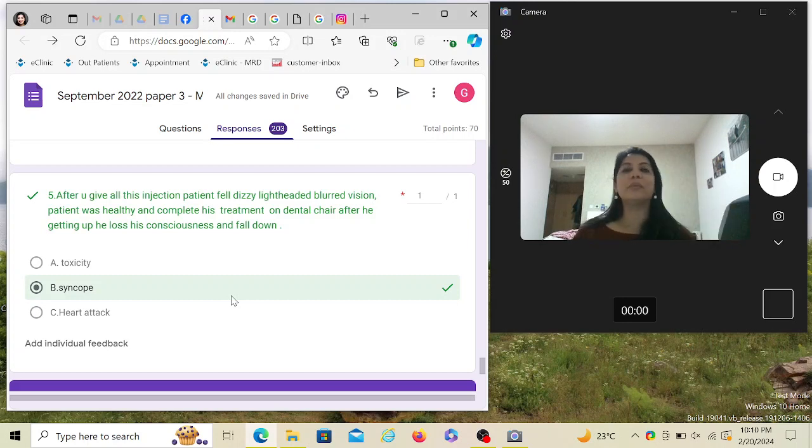So in that scenario, whenever you have put the patient in a very supine position, you upright the chair and let the patient sit there for a couple of minutes. And then when the patient feels okay, you can ask the patient to get down. So if orthostatic hypotension had been given in the options, I would have chosen that as my answer because the symptoms match more of that.